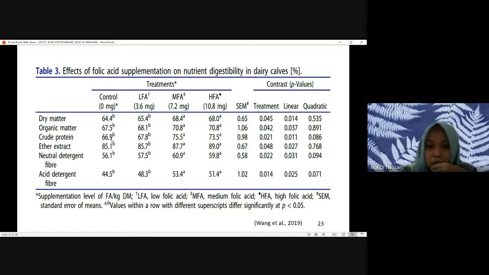Actually, folic acid is required for the growth of bacteria. It is important for the growth of the bacteria even without the supplementation of the folic acid, because some bacteria are able to produce the folic acid, and other bacteria, for example the cellulolytic bacteria, really need a source of folic acid. So the folic acid is very important for the growth of the rumen bacteria, especially for the cellulolytic bacteria.